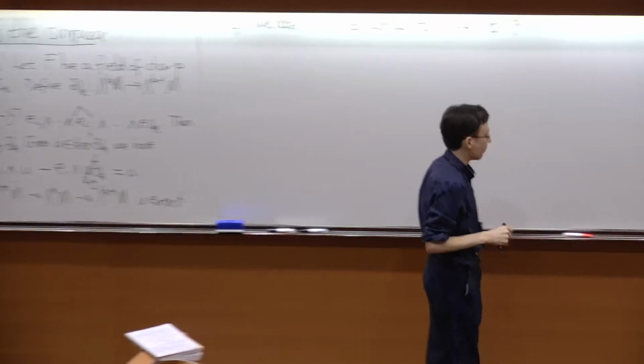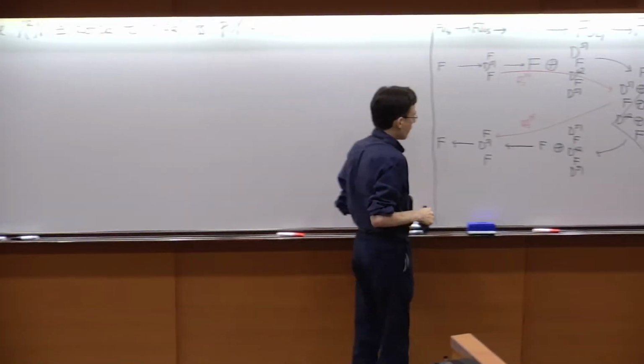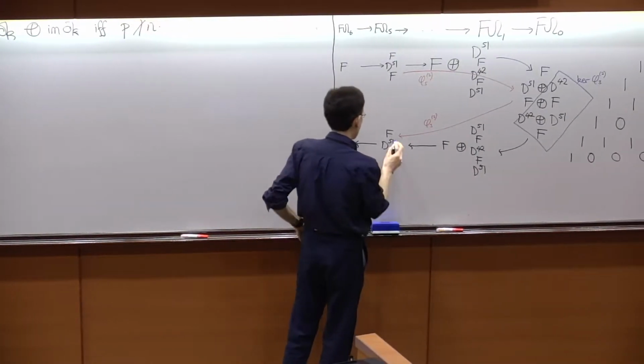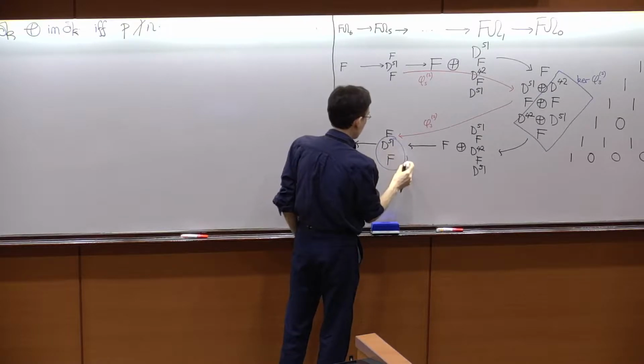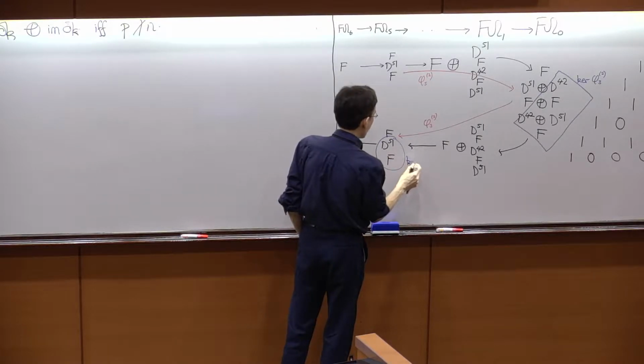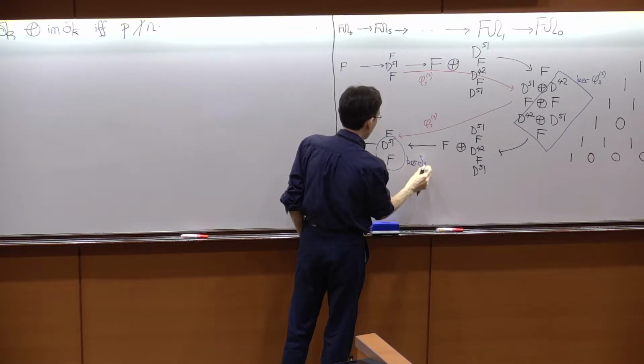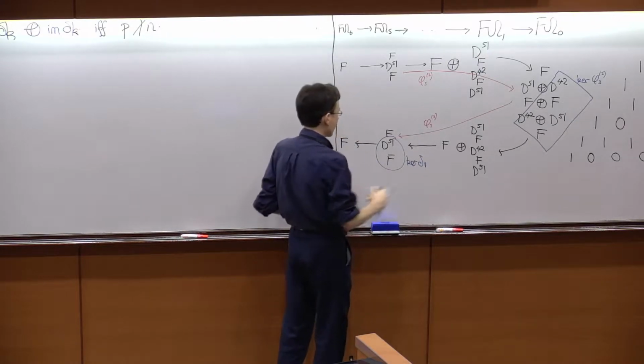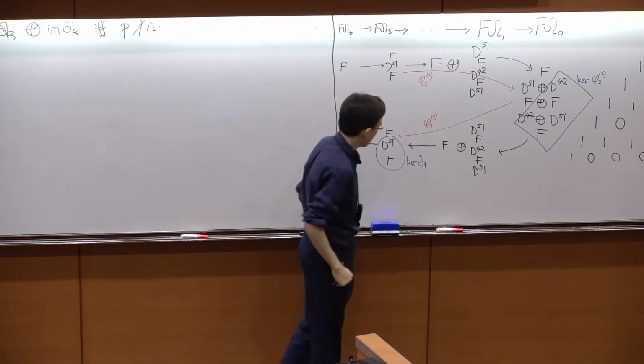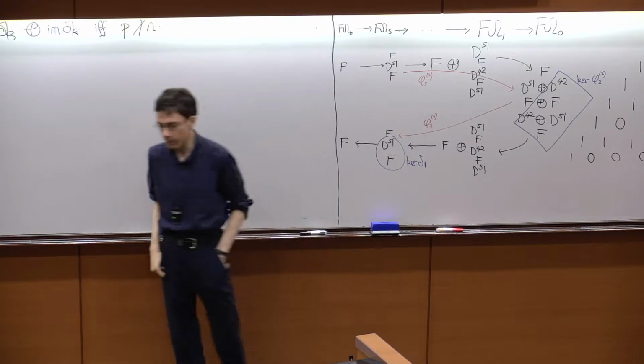Just to give a very simple one, this would be the kernel of delta 1, which is the same as the image of delta 2, so it's not splitting off.